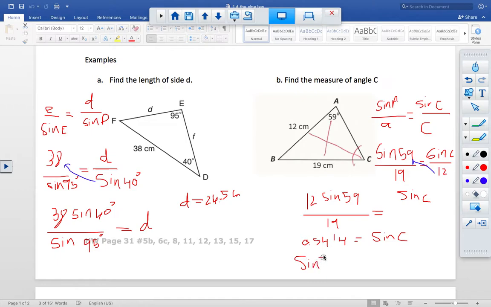So you do sine inverse of 0.5414, which would give you angle C. If you do sine inverse on the calculator, you should get 33 degrees. Remember, angles I leave to the nearest degree. So angle C is 33 degrees.